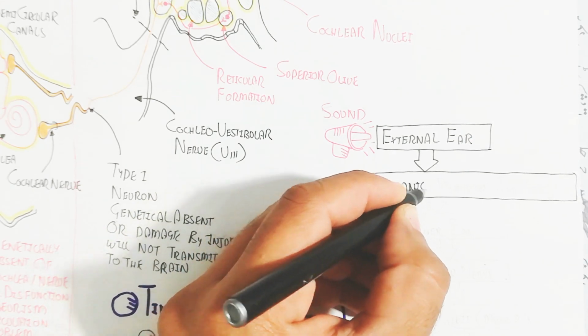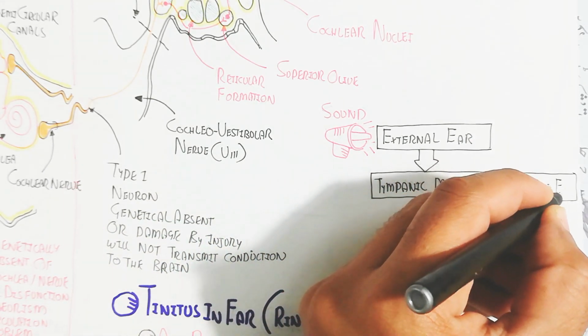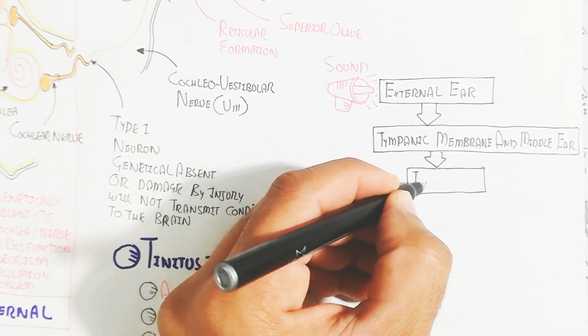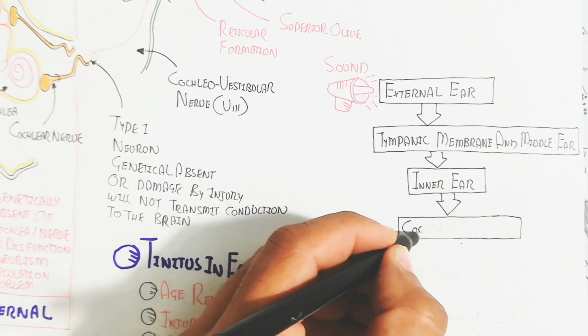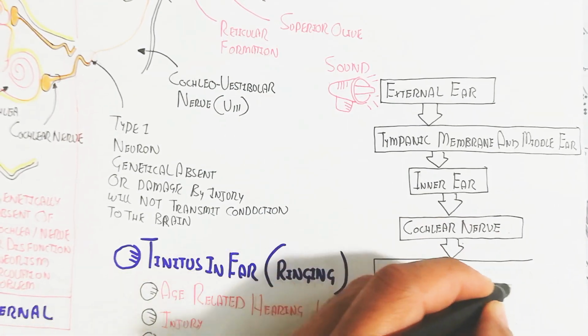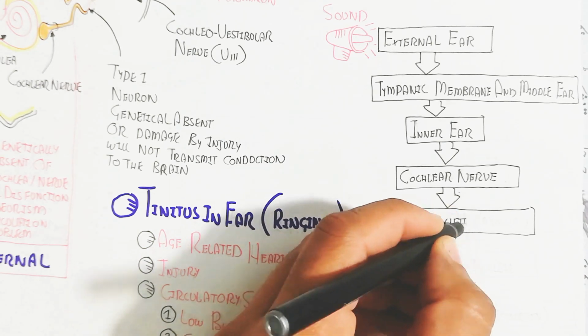So let's begin with the summarization. When sound enters the external ear, it reaches the tympanic membrane and middle ear; a problem with the tympanic membrane will cause deafness. An inner ear problem can cause deafness also, and absence of the cochlear nerve will cause deafness also.